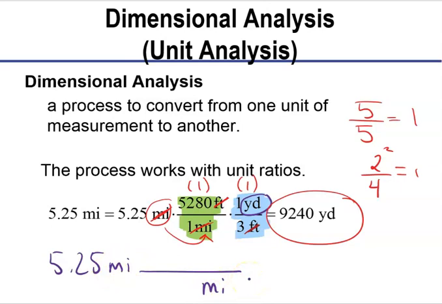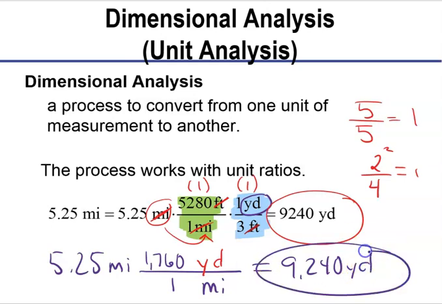If there's a conversion, or I know there's a conversion between miles and what I'm trying to change it to, remember, yards is what I'm trying to change it to. Is there a conversion? Absolutely. We know that there's 1,760 yards in 1 mile. So I didn't have to use the 2 different conversions. And we already know when I multiply 5.25 times 1,760, I get 9,240 yards.